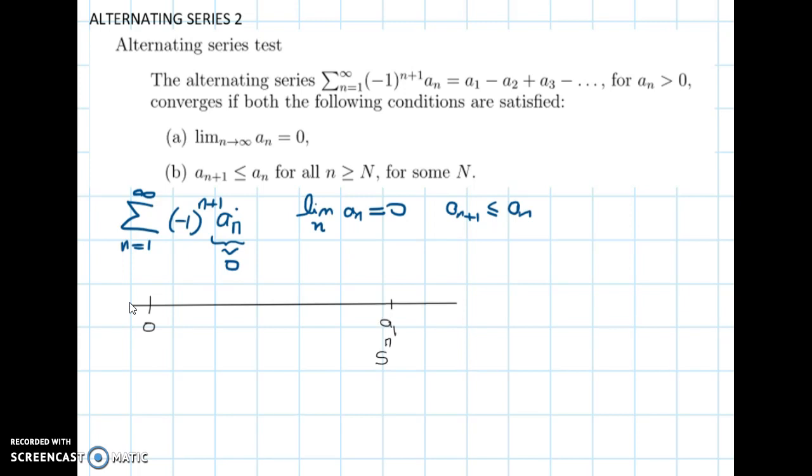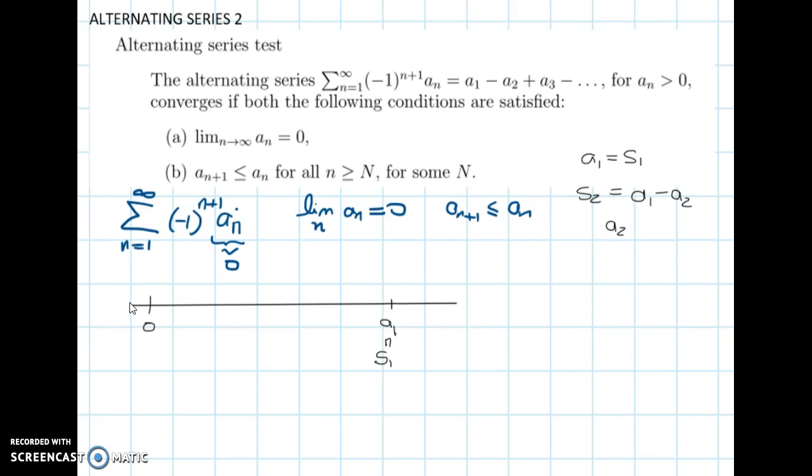Note that a_1 is the same as the first partial sum. I'm going to be writing the partial sums over here. a_1 coincides with S_1. S_2 is the sum of a_1 plus the next term, so it's a_1 minus a_2. Remember, the terms are alternating.